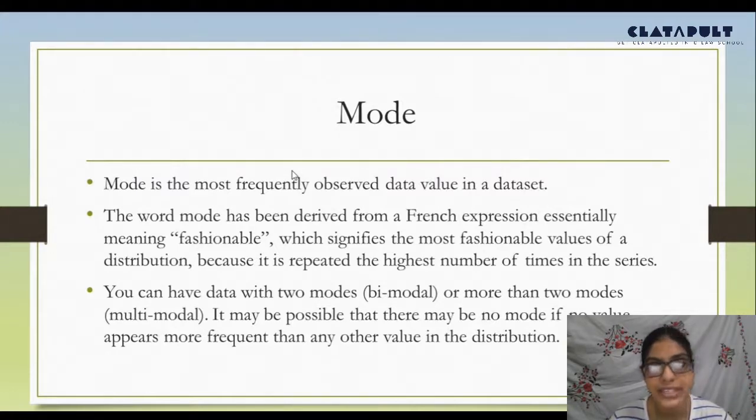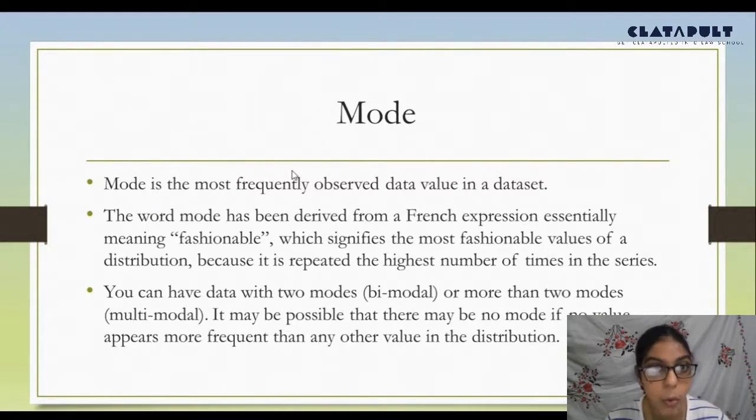The word mode, and this is a little tidbit to remember what mode is, essentially derives from a French term which means fashionable. So the value that is the most fashionable, or the value that appears the most in your data set, is going to be the mode, right? So that can be a way to remember what mode is.